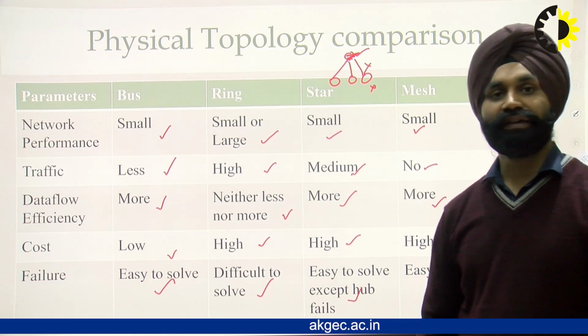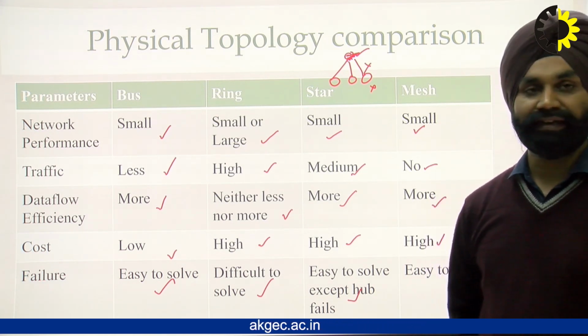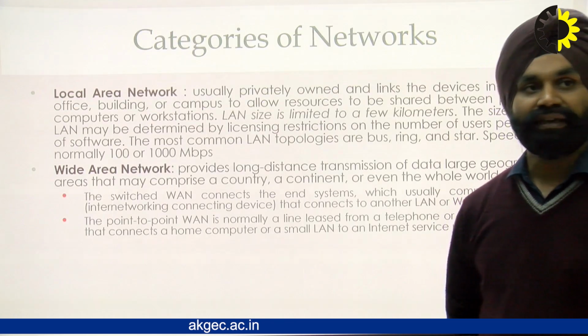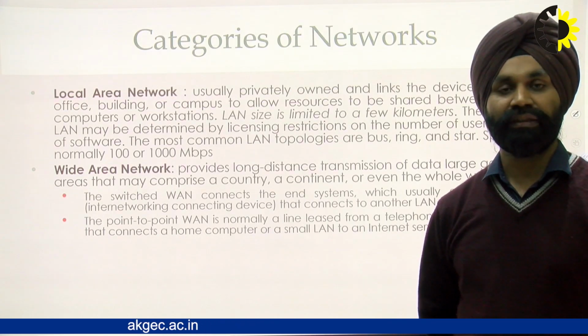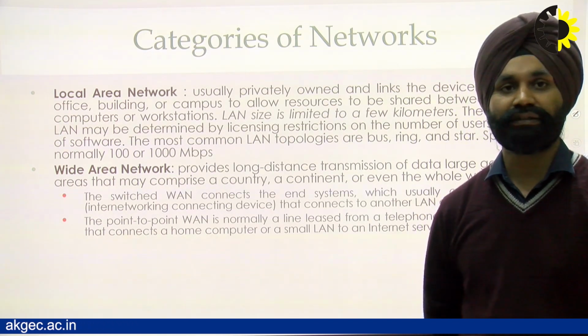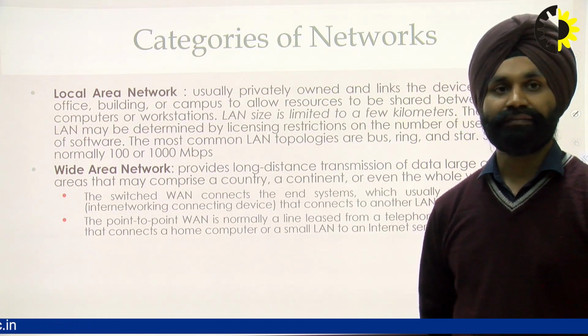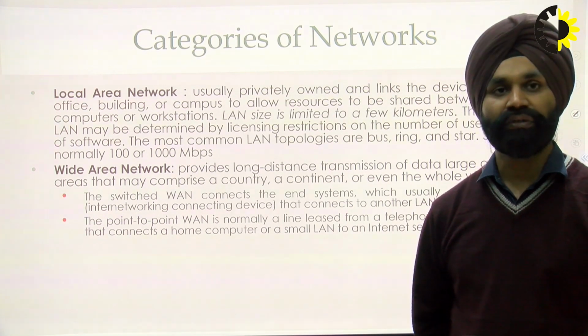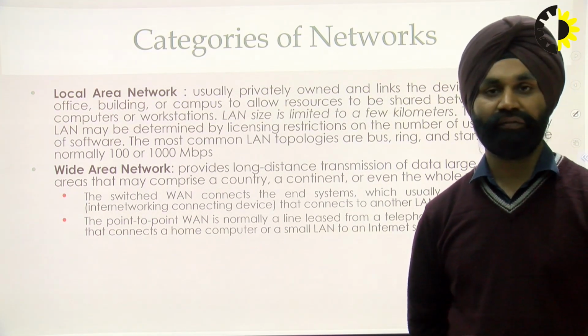Now, when we connect devices in any topologies, we can create bigger networks with these topologies. Depending upon the size of the network and the topologies used, we can classify them in different ways.